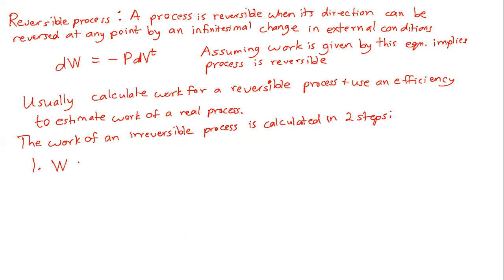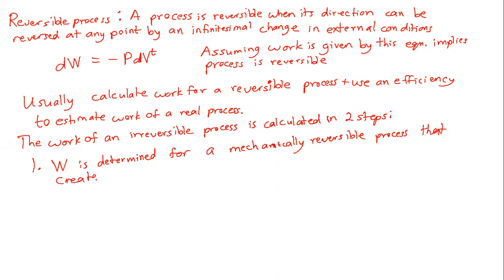So 1, the work is determined for a mechanically reversible process that creates the same change of state, so change in the thermodynamic state, as the actual irreversible process that you're going to carry out.